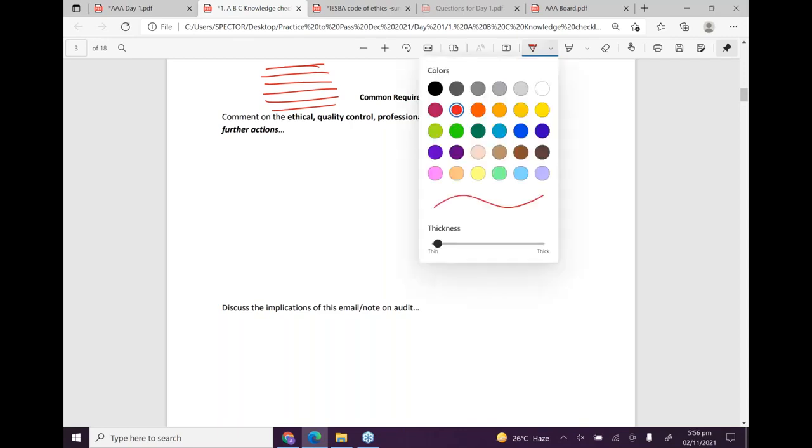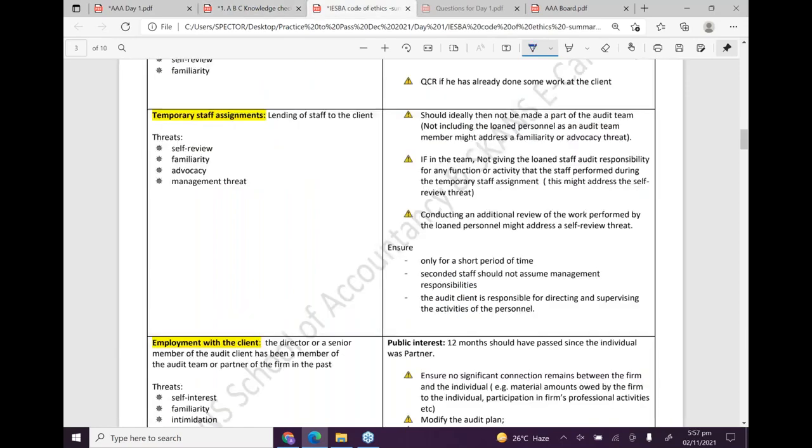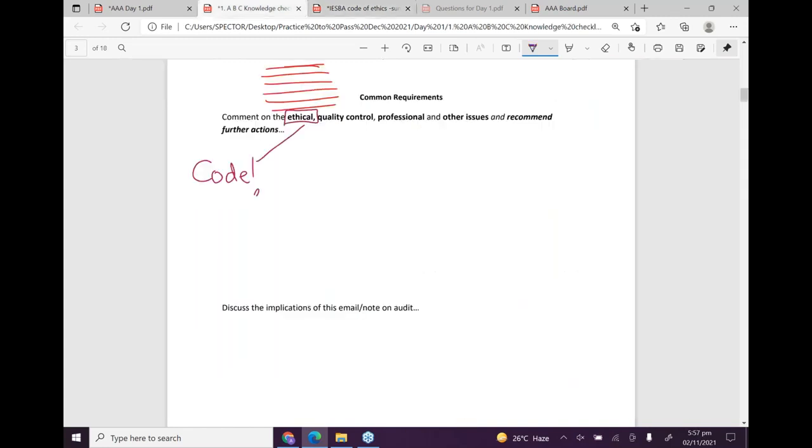The examiner is actually giving you hints by wording it like this. If she says comment on the ethical issues, she's basically telling you that there are some points that you can link to the code of ethics as well. So she's basically telling you that read the scenario and there is some discussion that you can get marks for in terms of the ethical issues.